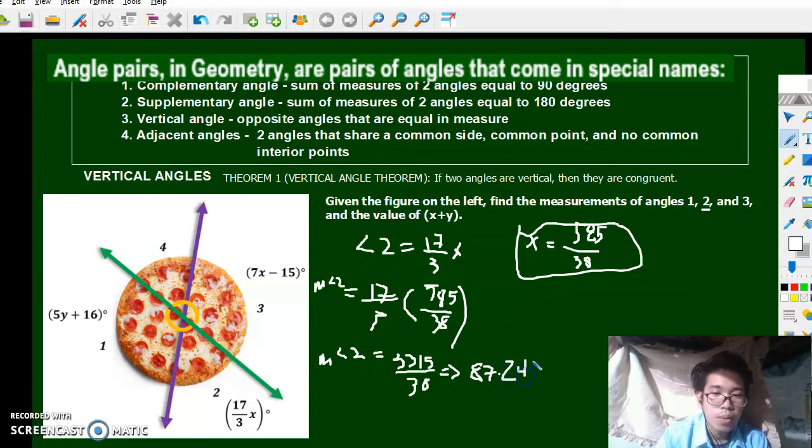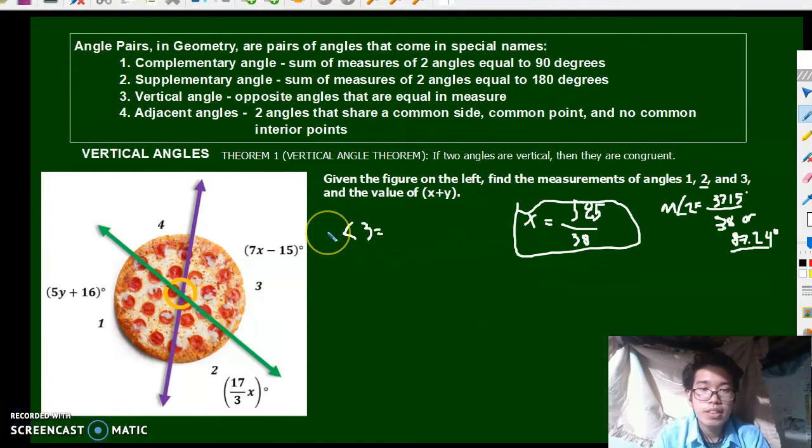But for the exact measurement, you have 3,315 all over 38 degrees. Or if you want the approximate measurement using decimals, that's 87.24 degrees.